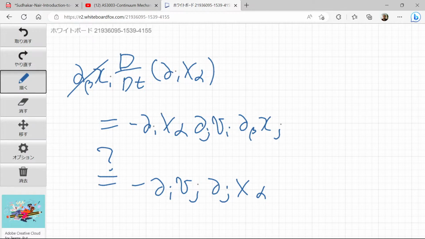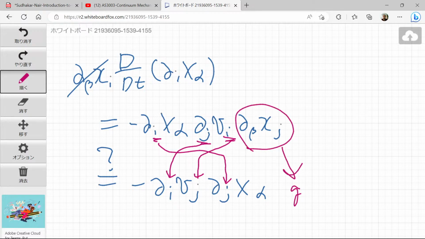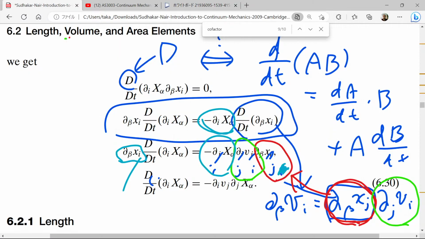See, first i is changed to j here. Yeah, i is changed to j. j is changed to i. Alpha is the same. But then this was removed. This is gone. So I just have a big question mark here. I cannot follow the step. I'm sorry, I think I have to give up.